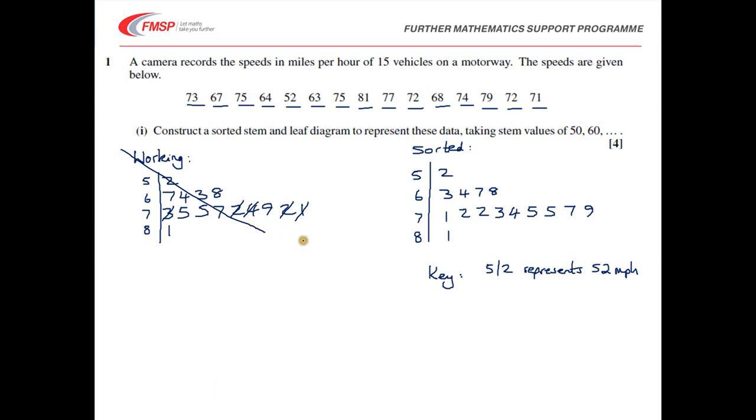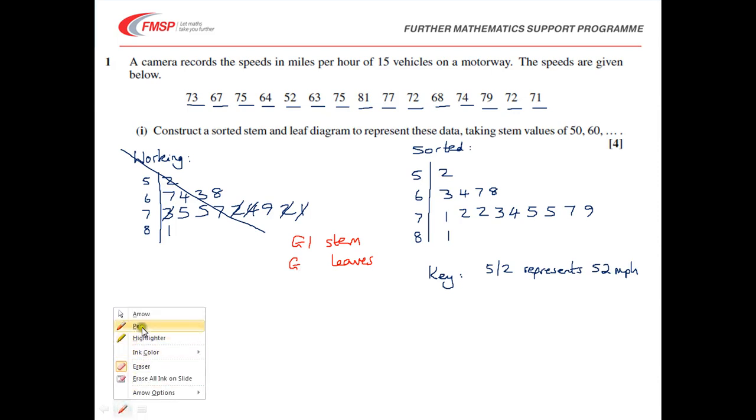For the stem and leaf diagram, there is 1 mark for the stem, 1 mark for the leaves, 1 mark for them being sorted, and 1 mark for the key.